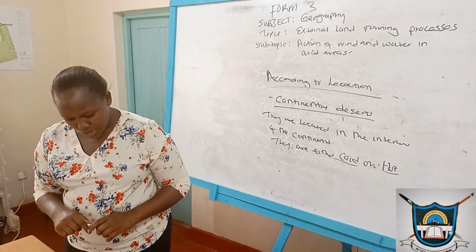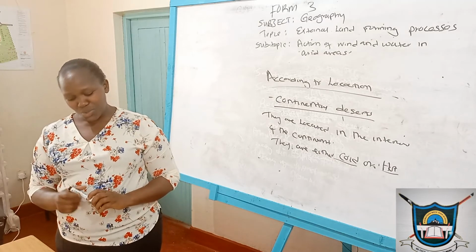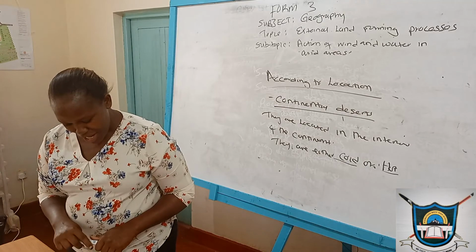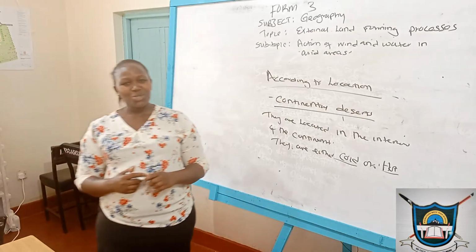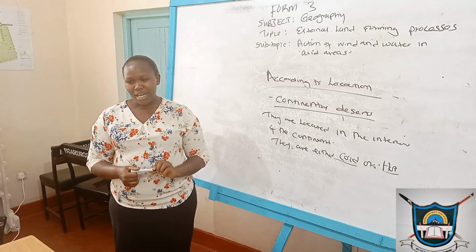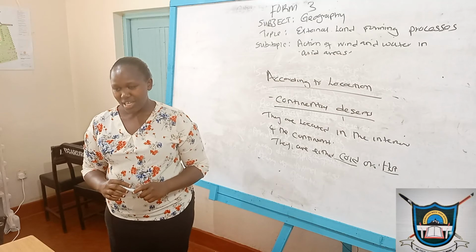We have said according to location, it depends on their longitudinal location. There are those that are located in the tropics and those that are located in the temperate or the polar, and that is what we are going to be addressing during our next lesson.